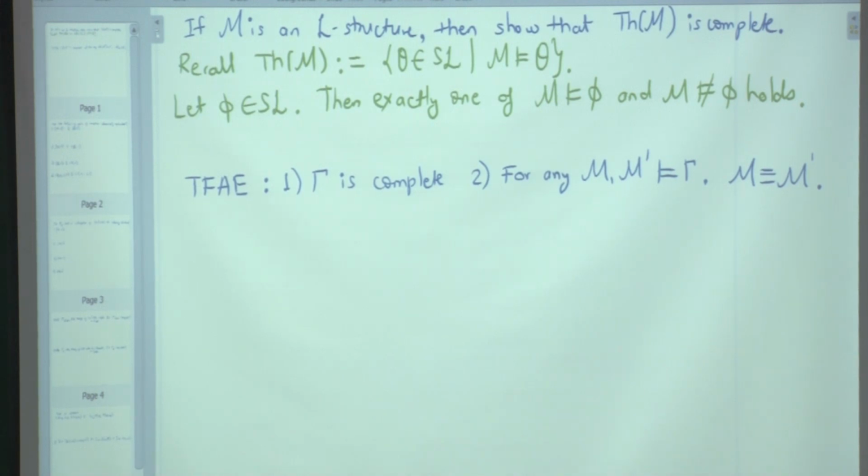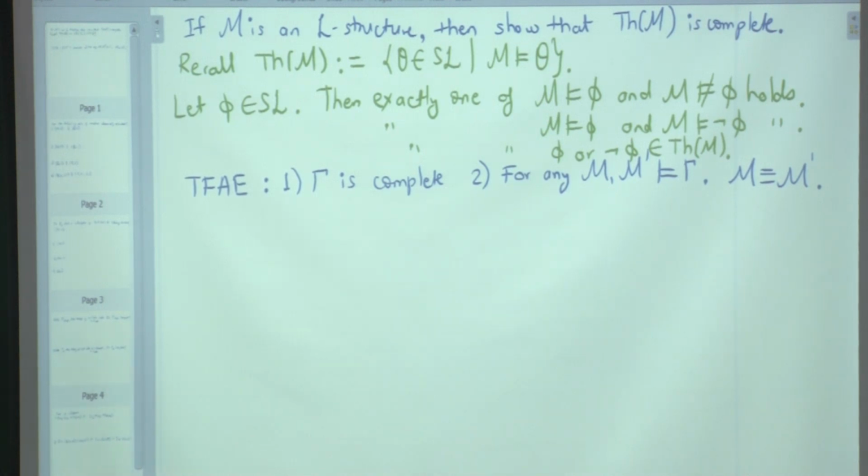But what is the meaning of M doesn't satisfy phi? That is the definition of M satisfies negation phi. Yes, so therefore exactly one of M satisfies phi and M satisfies negation phi holds. Therefore exactly one of phi or negation phi belongs to the theory of M. What does that mean?